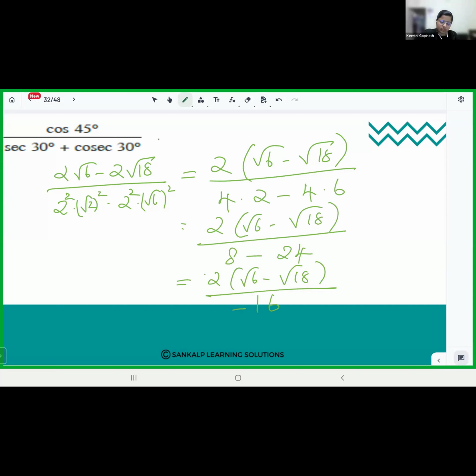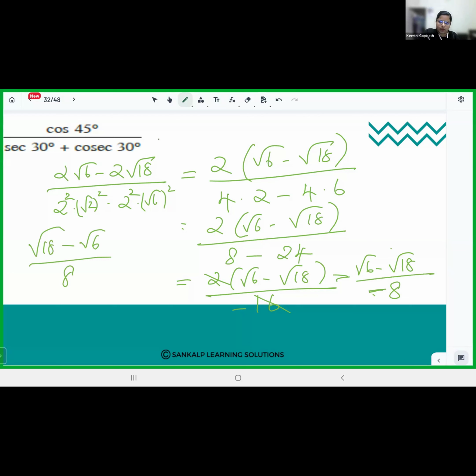Now what you have to do, just cut these values. 2 and 16. So this will be root 6 minus root 18 by minus 8. Or you can take this minus to the numerator and you can rewrite this as root 18 minus root 6 by 8. Okay. I just took this minus to the numerator. So you just change the sign of all the terms.